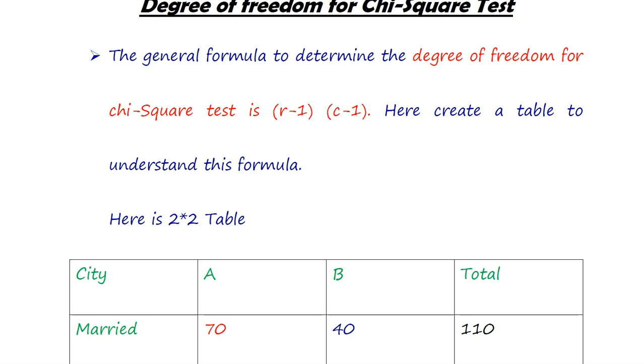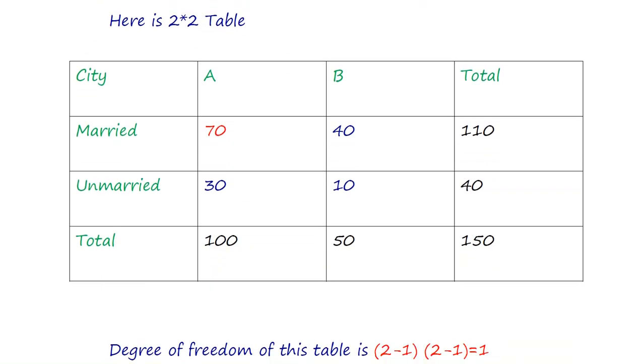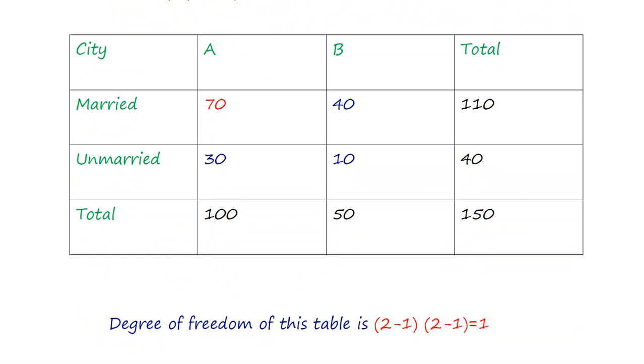Degree of freedom for chi-square. As you know, for the chi-square test of independence the degree of freedom is (r minus 1) times (c minus 1), where r is the number of rows and c represents the number of columns. We create a 2 by 2 contingency table to prove this formula.